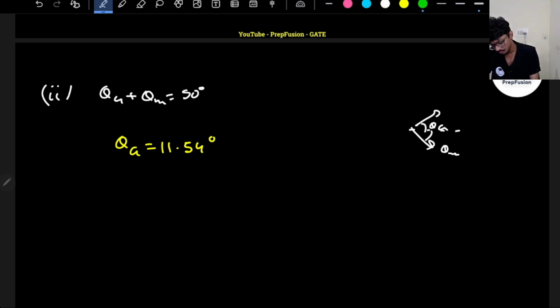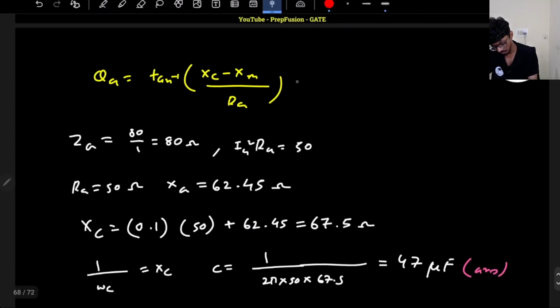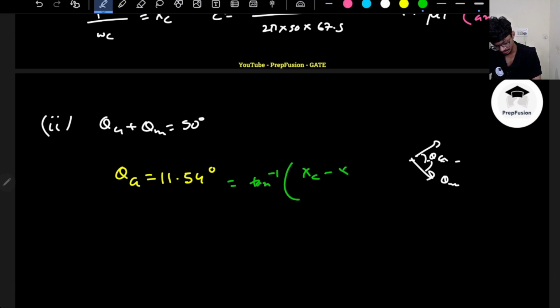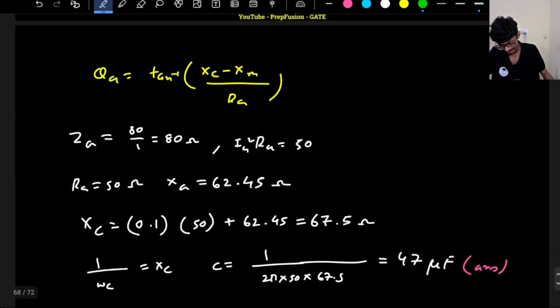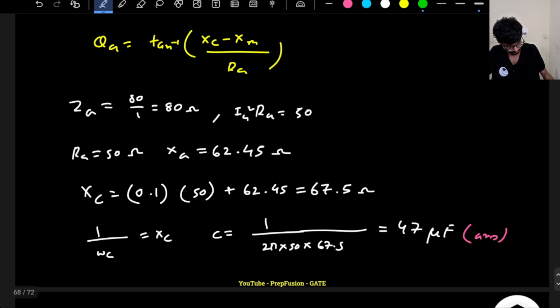Now this I will replace over here. Same thing I will do. I will replace it over here. So my theta a is this, so this is equal to tan inverse of Xc minus Xa divided by Ra, right? So tan of this into Ra, that is 50, plus Xa is 62.45.